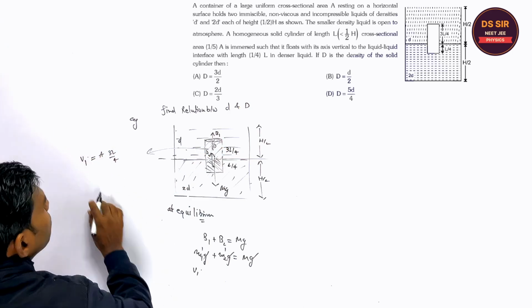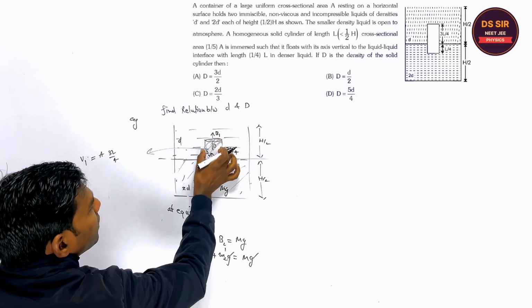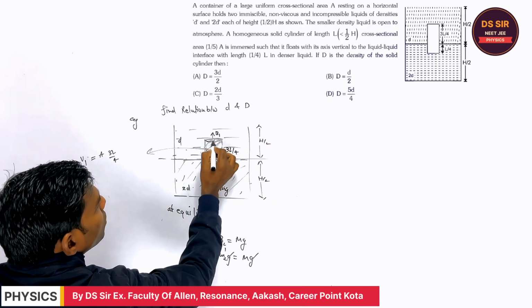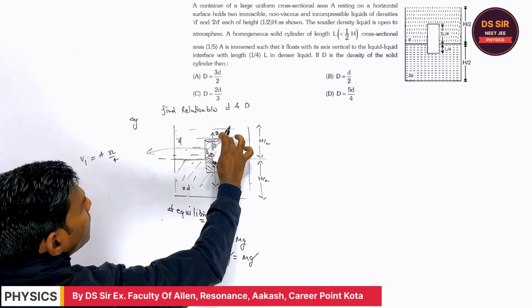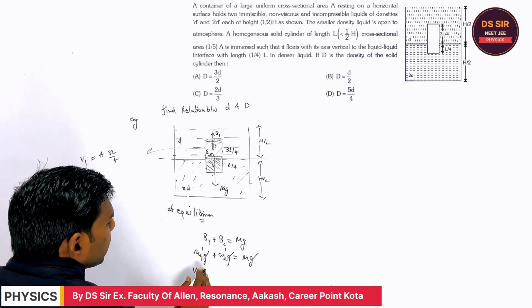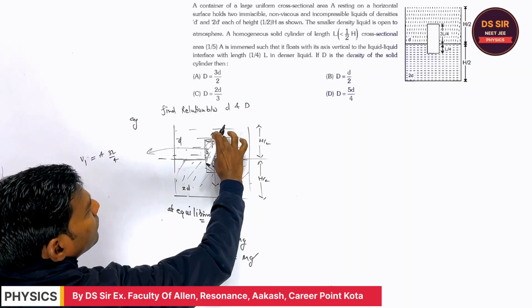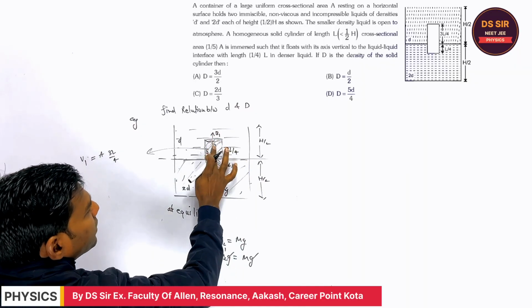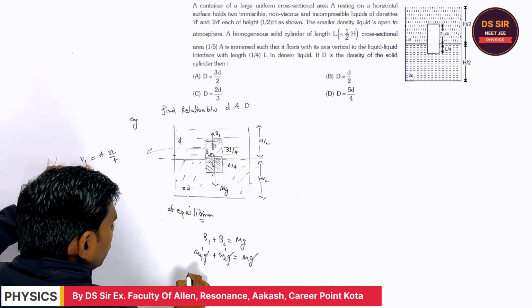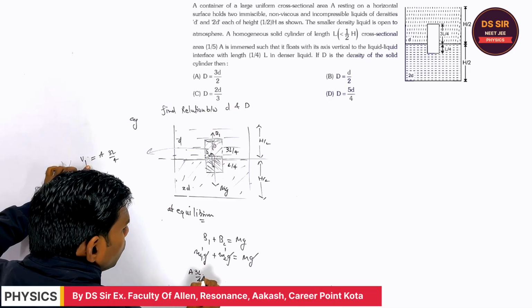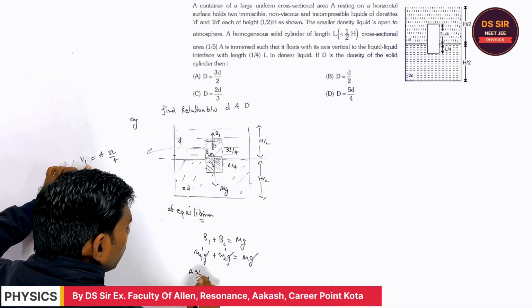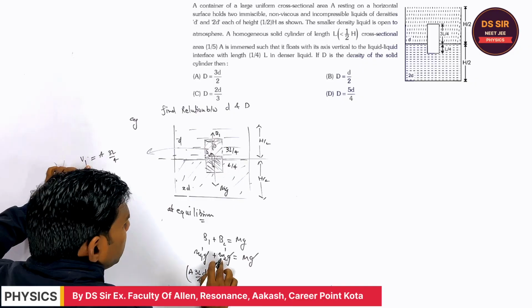So if you consider this the volume, this is the cylinder, the volume is area into length, and whose density will come over here? You tell. Small d, right? So it will be equal to A into 3L by 4 into d, plus the M2'.